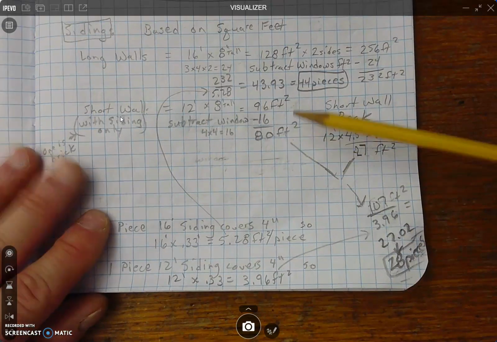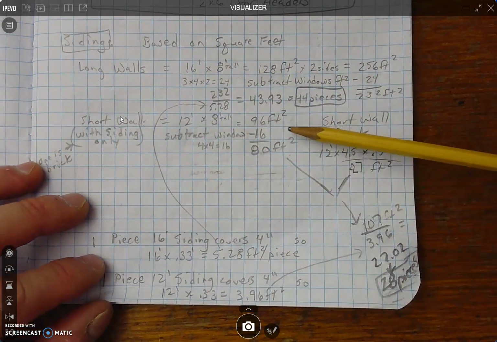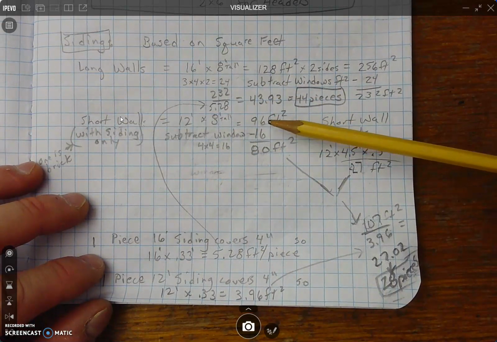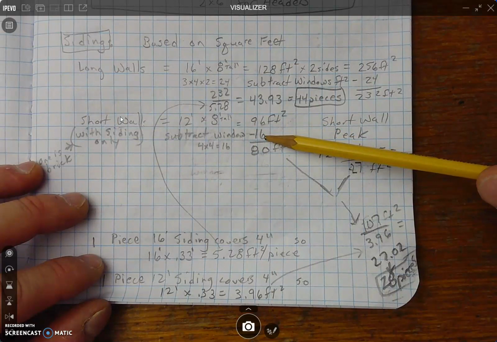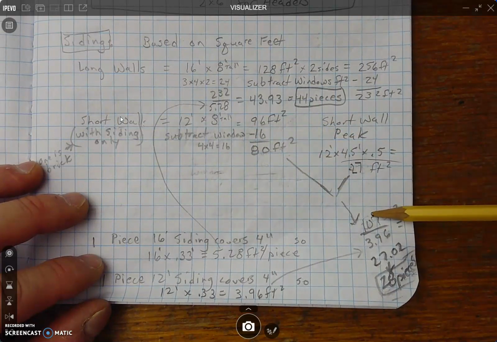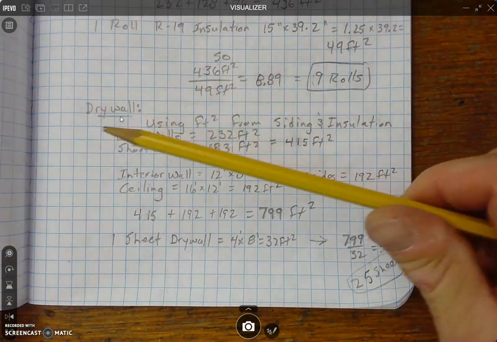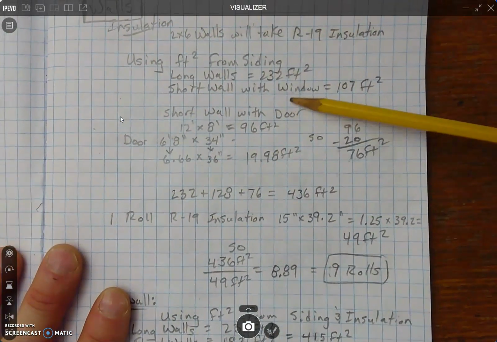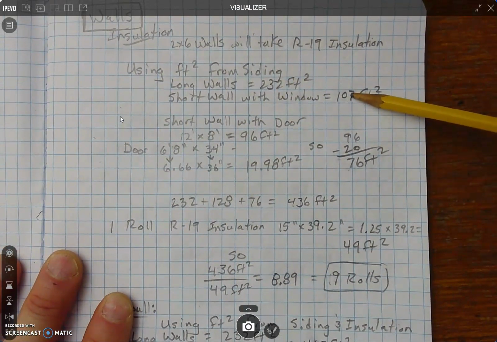The only thing we have to do that's different, so we have all these numbers, right? Our total square footage on our end walls is going to be 96 plus 27 minus our 16 square feet for that window, which is 107, by the way. That's where this number comes from. Over here, we're going to use those same numbers, so we have our 232, and then we have our 107.